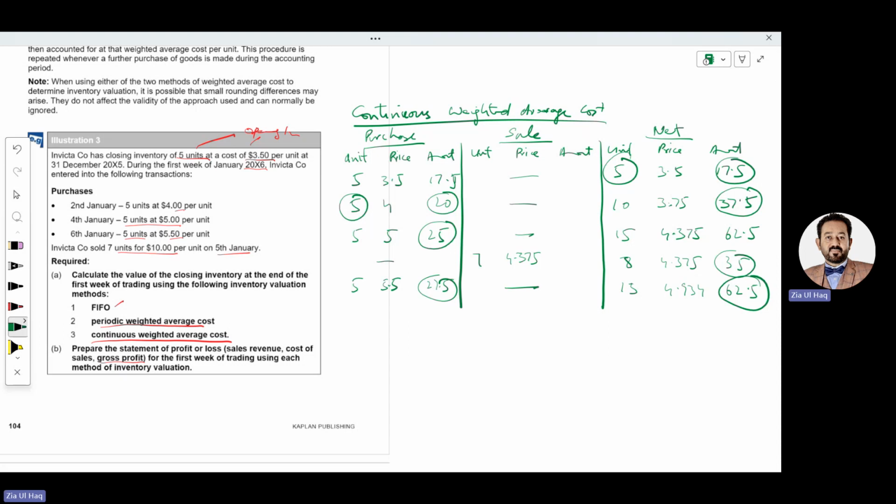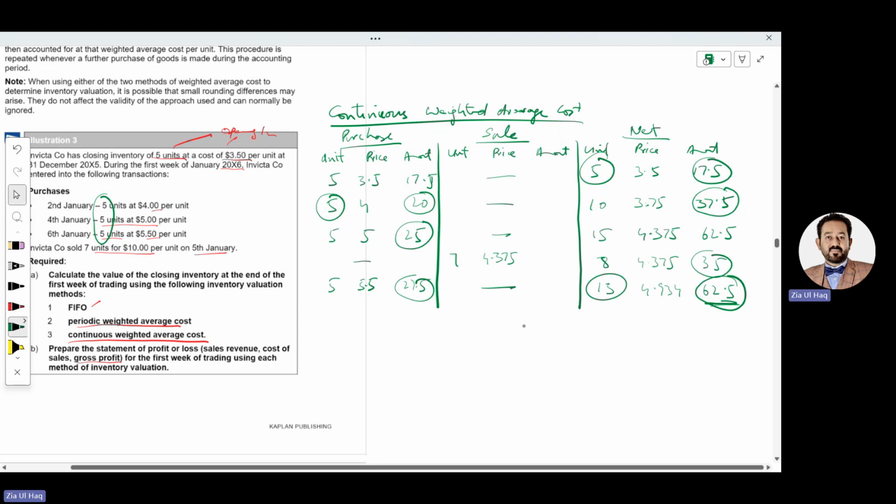There were 5 units opening, 15 units you bought during the year. There were 20. Out of 20, how much sold? 7. So remaining 13 units left. What is their value? Their value is 62.5. This is your closing inventory.